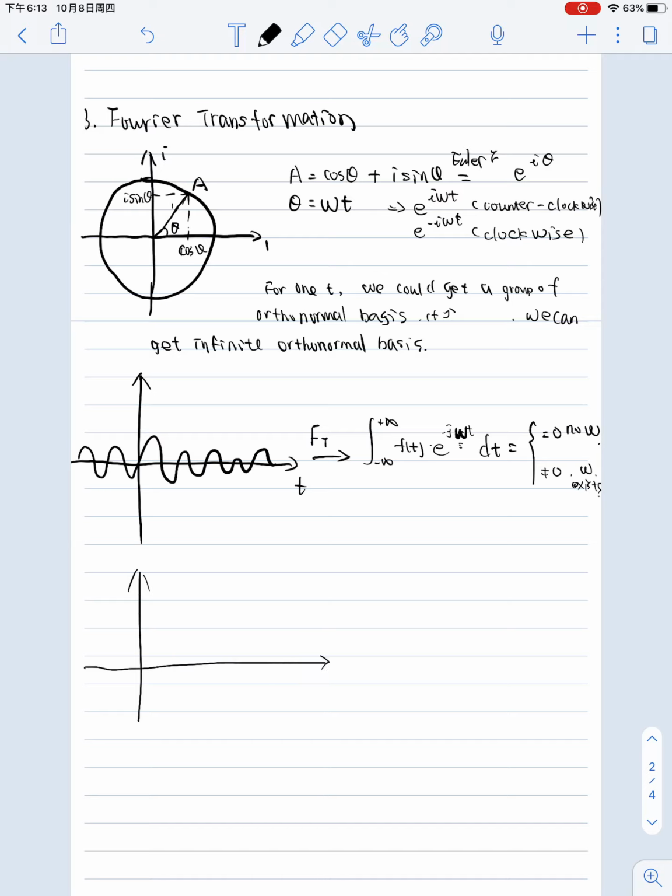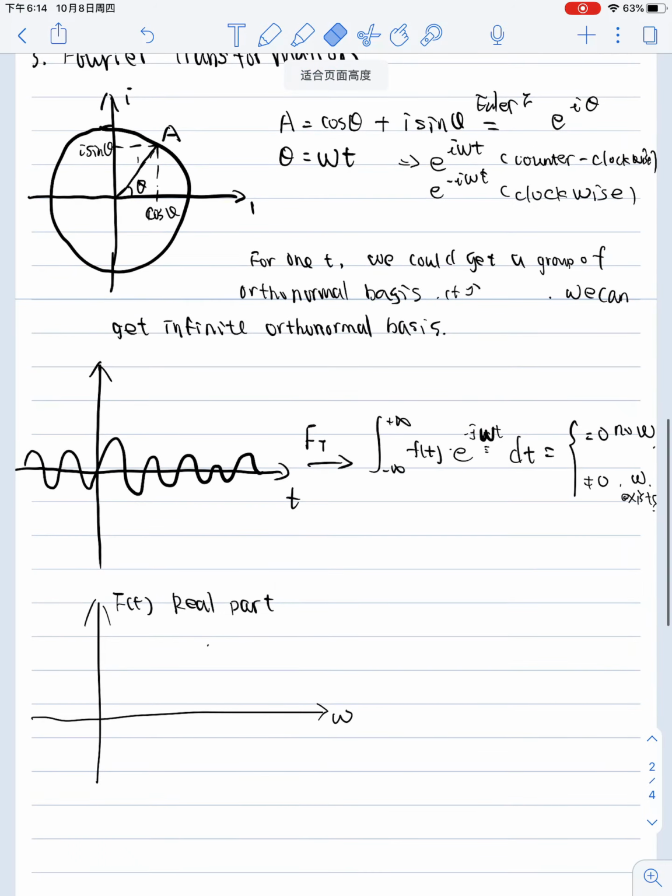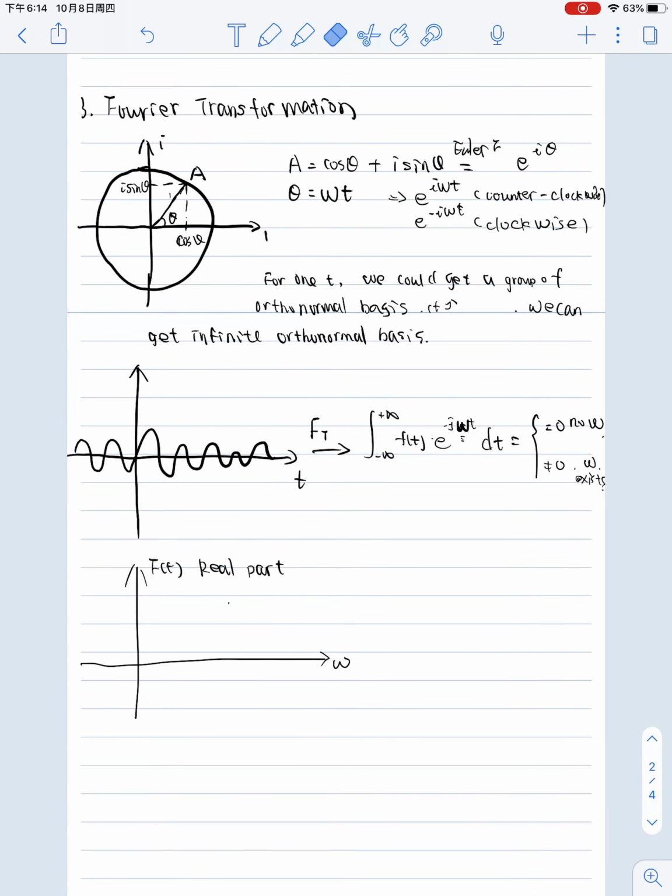And also we can do the inverse, and the result of that, for example, we can split into parts. One is the real part. Once this is the real part, we can get the omega. This is the frequency, and this is the amplitude.